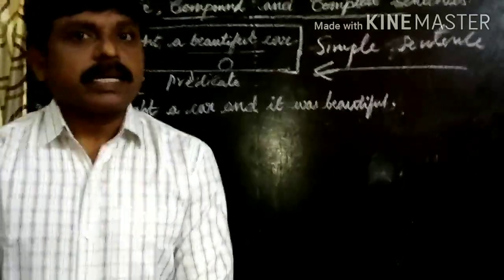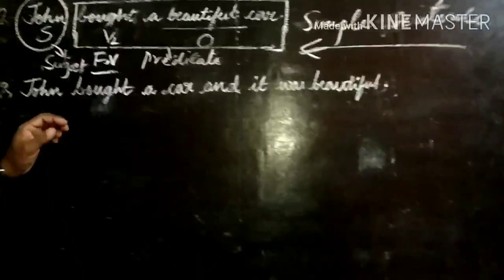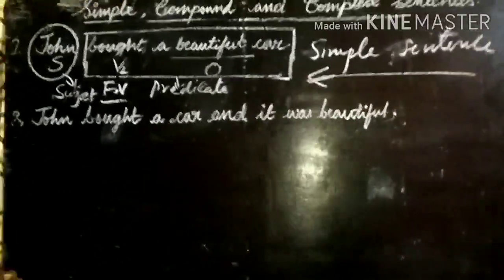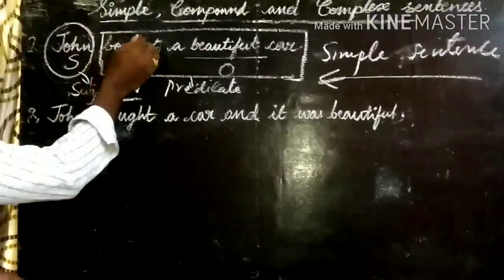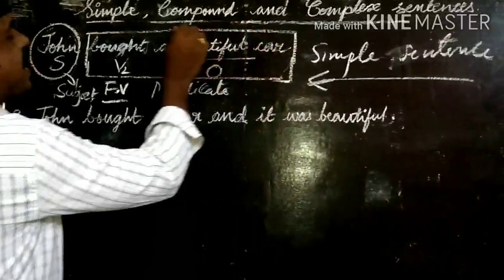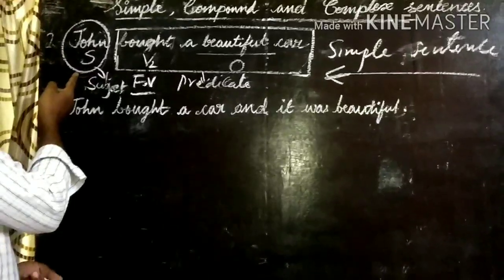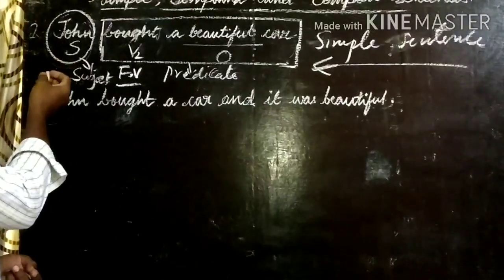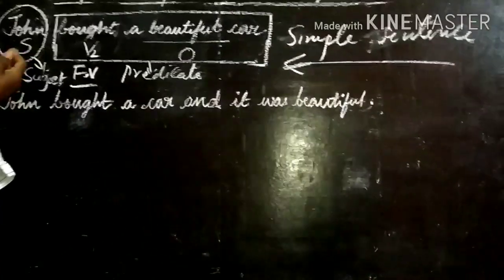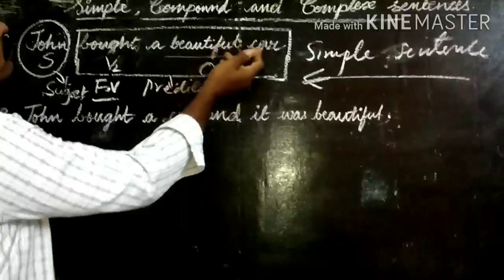That means a simple sentence has one subject and one predicate, as we learned in the example, John bought a beautiful car.